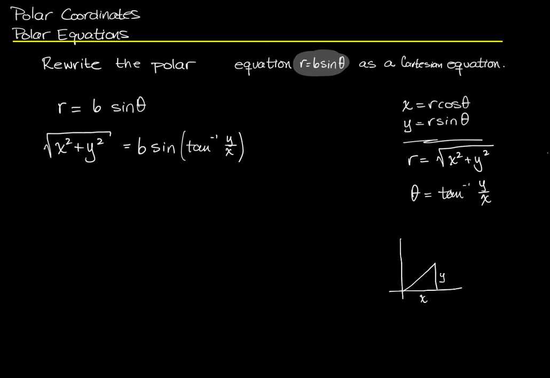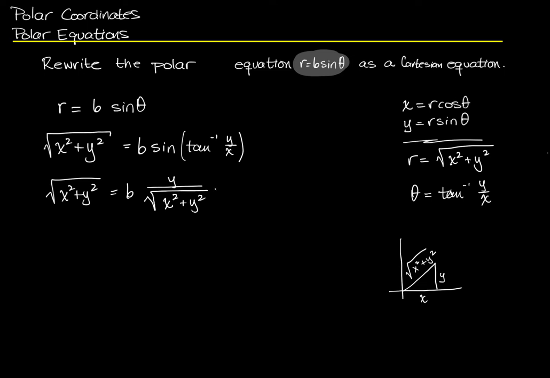The third side is going to be the square root of x squared plus y squared, because that's what r is anyway, and then take the sine of that, that's y over the square root. Then I can rewrite this as the sine of the inverse tangent of y over x is y over the square root of x squared plus y squared.